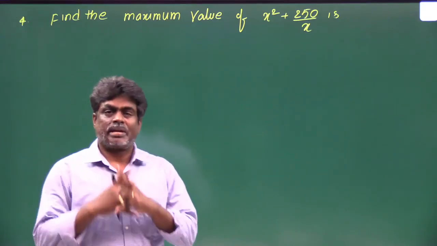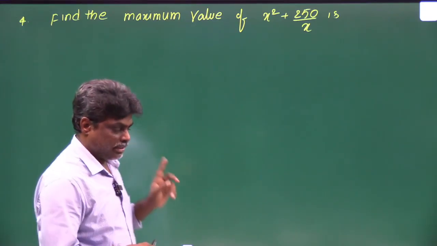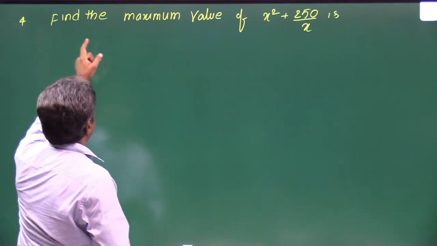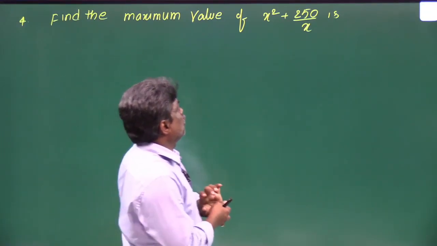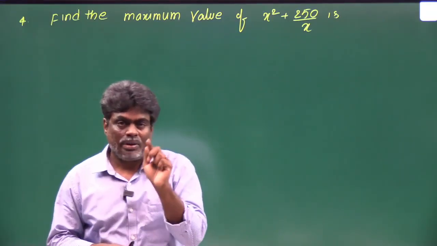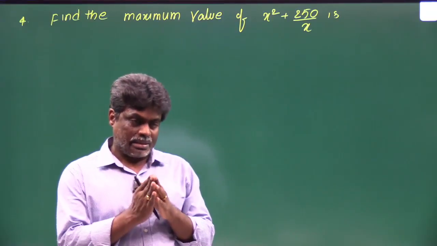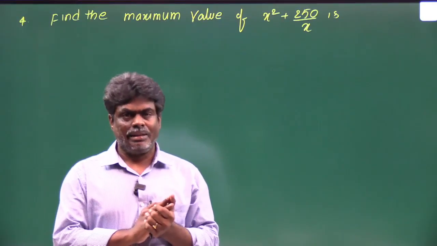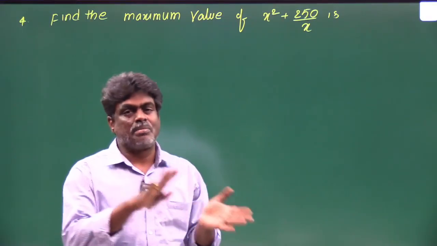Let us practice some problems based on this maxima and minima. Here they are asking, find the maximum value of x square plus 250 by x. Remember, whenever the question is like this, find the maximum value or find the minimum value, then no need to check whether it is minima or maxima.